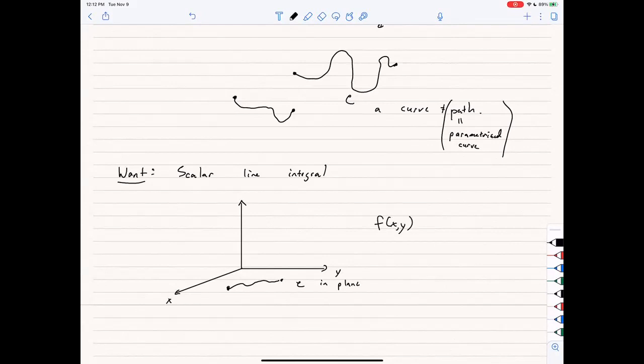I can also think of it as just a function that's defined on the curve itself. And this is going to be a mass density function for the curve. I want to find out how much mass this curve has. So one way I can think about that is I can take the graph of f over the curve.